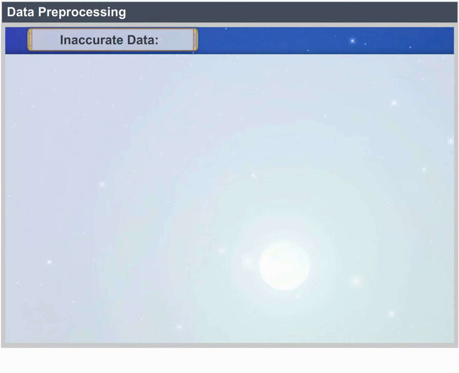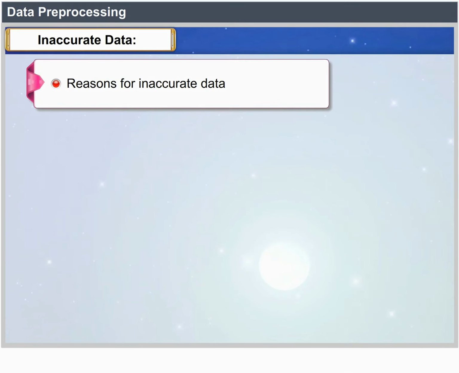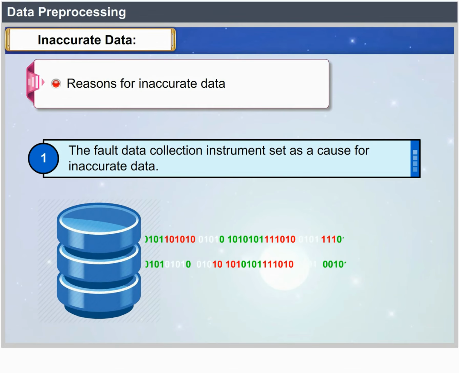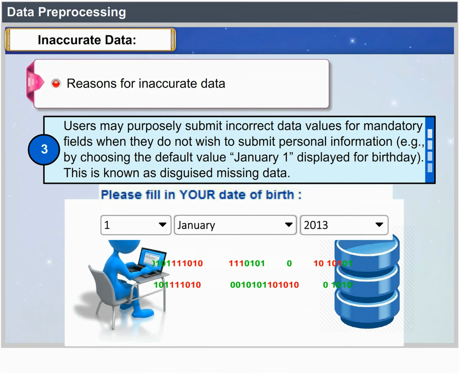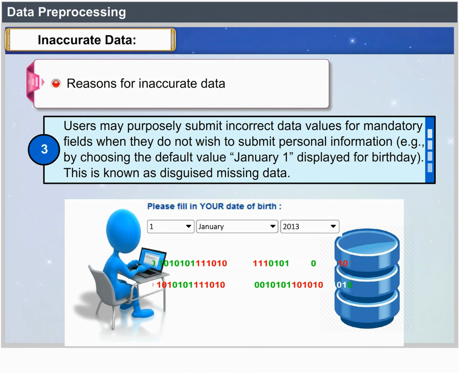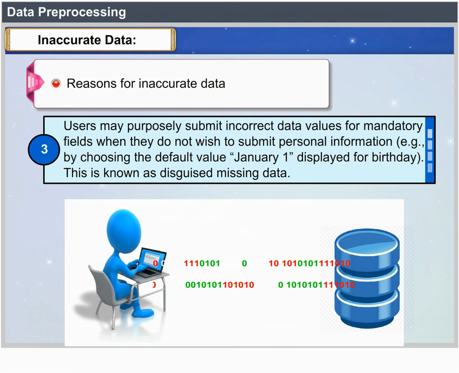Inaccurate data. Reasons for inaccurate data. The data collection instruments used may be faulty. There may have been human or computer errors occurring at data entry. Users may purposely submit incorrect data values for mandatory fields when they do not wish to submit personal information, for example, by choosing the default value January 1 displayed for birthday. This is known as disguised missing data.